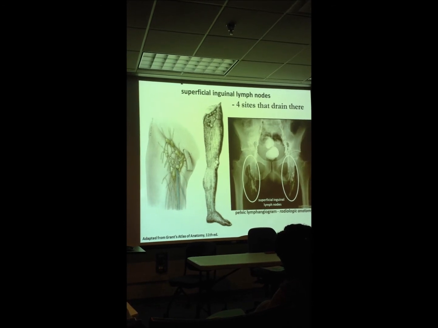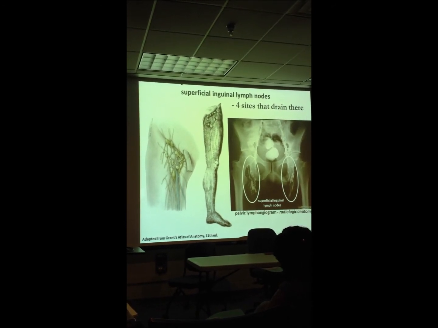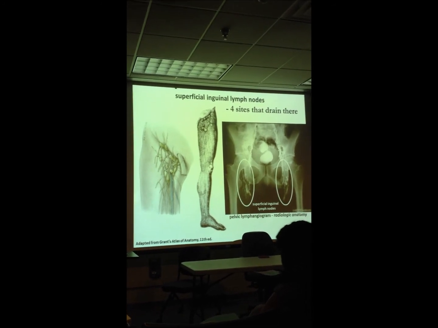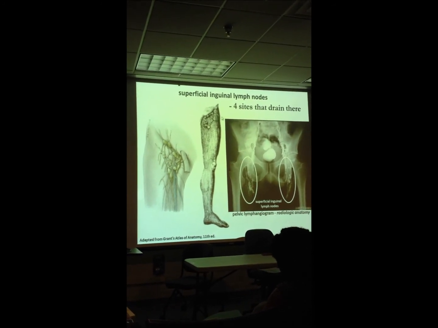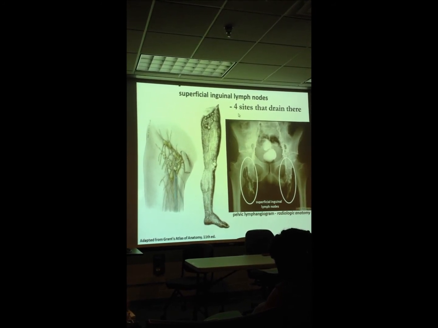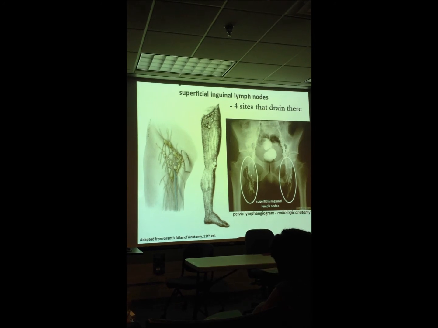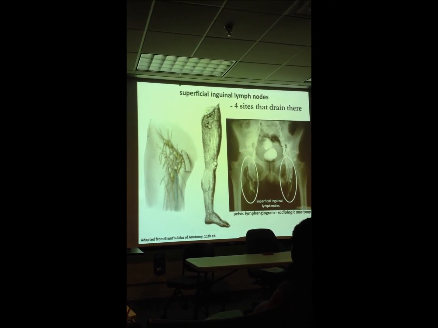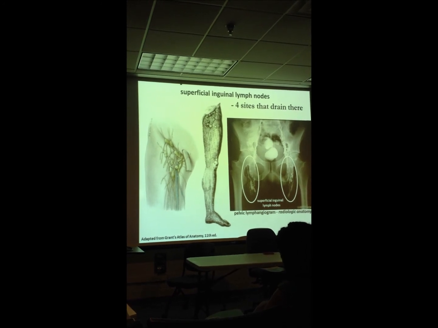Not the pectinate line, that's something different; that's where the valves are. The pecten, or the mucocutaneous line. You need to be aware of that term. The anus below the mucocutaneous line drains into superficial lymph nodes. And the lower end of the vagina is going to drain into superficial lymph nodes as well.